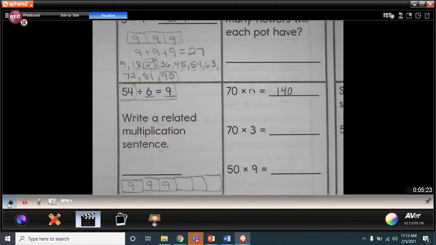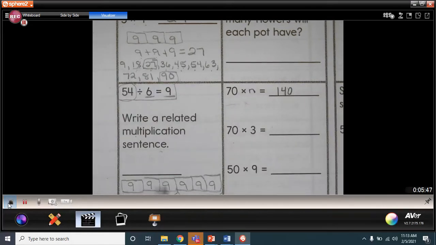So if 3 groups of 9 is 27, and I have another 3 groups of 9, which is going to be 27, we are going to see that this ends up being 54.